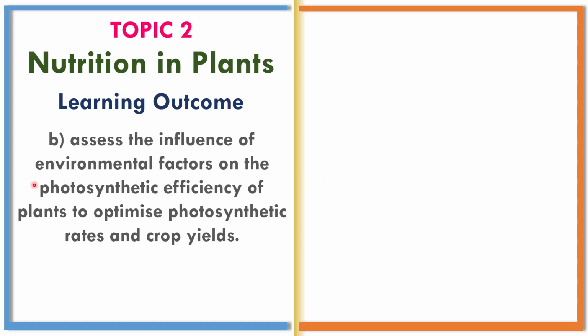Our learning outcome B: assess the influence of environmental factors on the photosynthetic efficiency of plants to optimize photosynthetic rates and crop yields.